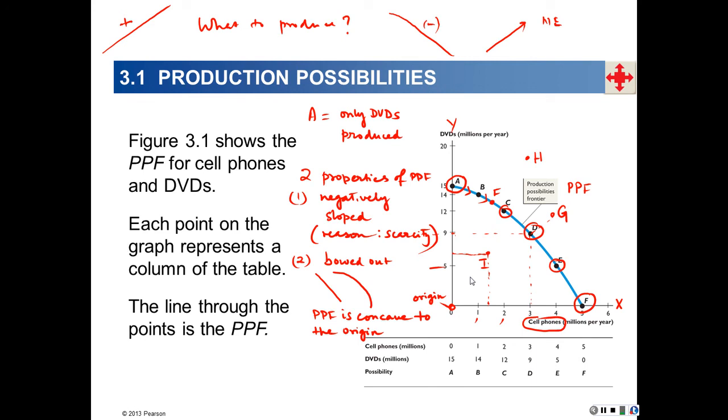Well, if you're confused, just think of the word cave, right? If you were looking into a cave, what would the cave look like? The walls of the cave would kind of be bowed out. Am I correct? So this is a concave curve. It's not a straight line, rather it is concave. Okay? Now, what is the implication of concavity?